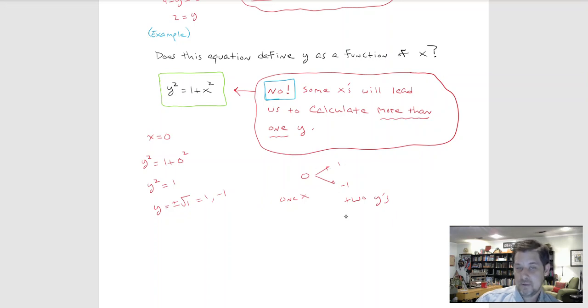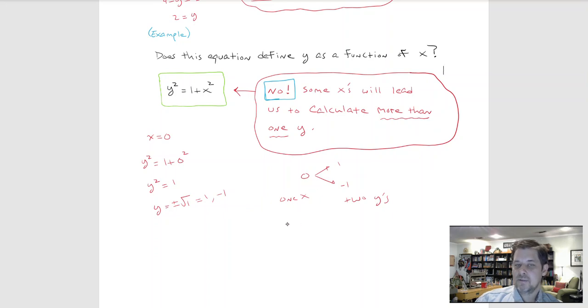Okay, all right. Now, in fact, it's the square that makes this not a function. When you solve for a square, you solve plus or minus. Now let me say a little bit about that. Some people find it strange that when you solve for a square, like if it says y squared right here, you take plus and minus root of the other side. Okay, so I'll show you why that is.